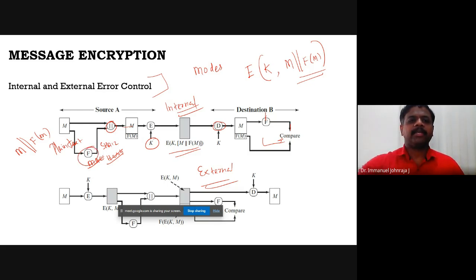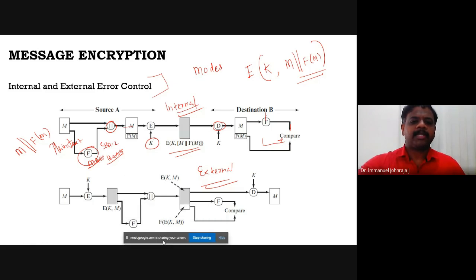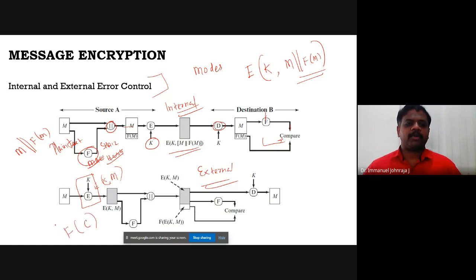What's happening in the case of external? You guys can easily comprehend this. In the case of external, the encryption is not happening with the whole of the content, but the encryption happens only for the plain text, only for the message. You got the message, you got the key, you go for encryption of these two, and then the digest is created from the ciphertext. So the function is applied on the ciphertext. What is C?